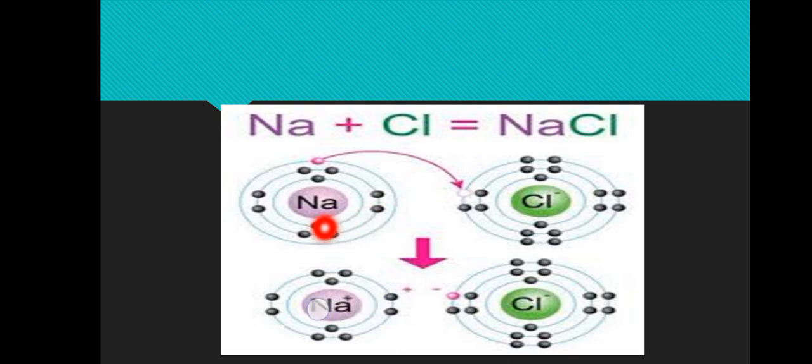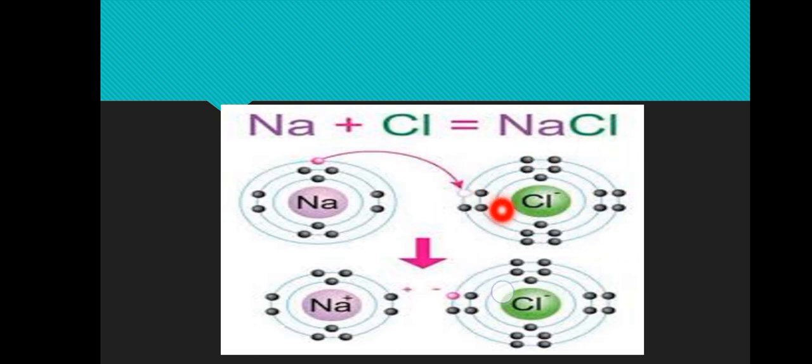So according to its atomic number, it has only one electron in its valence shell, as you can see in pink. And it is difficult to accept 7 electrons to complete its octet. That's why sodium tends to lose an electron to another atom, so it loses an electron.